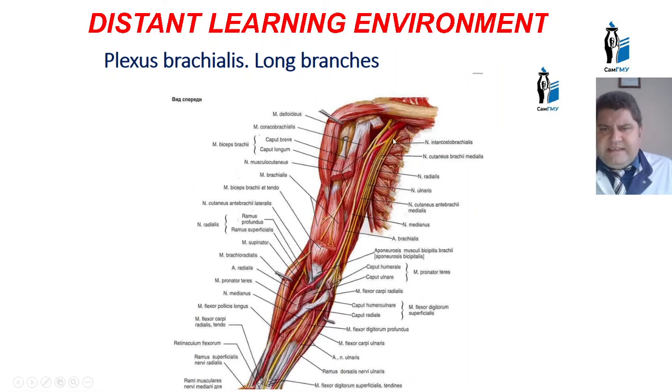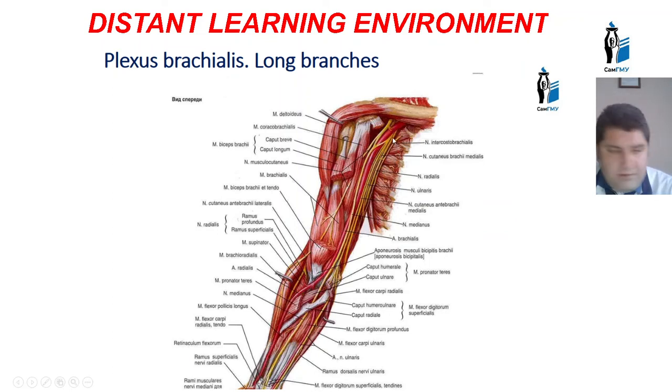And you may see that from the medial fasciculus of the brachial plexus passes the medial brachial cutaneous nerve for innervation of the skin at the medial surface of the arm.